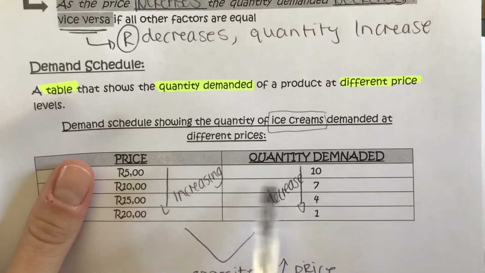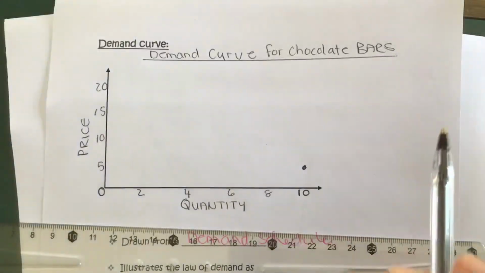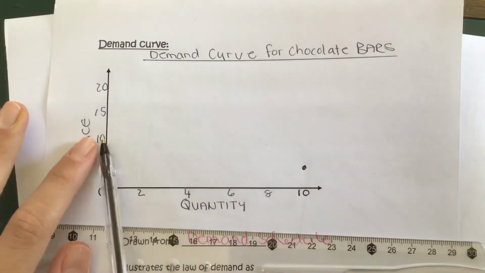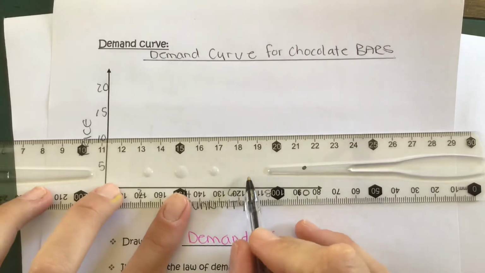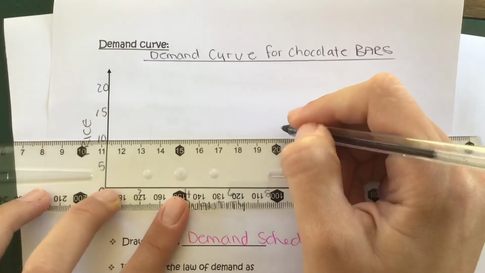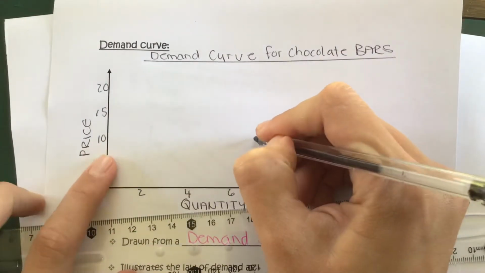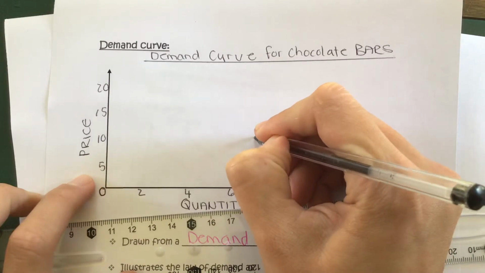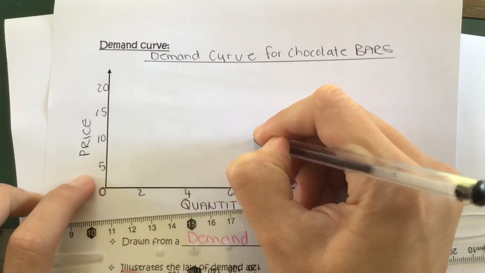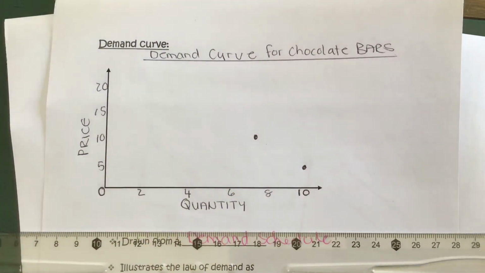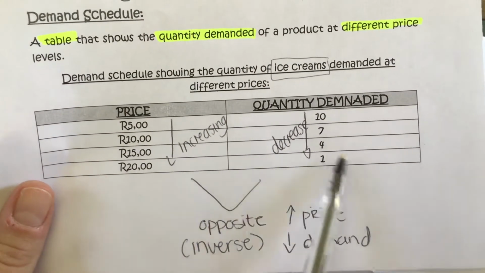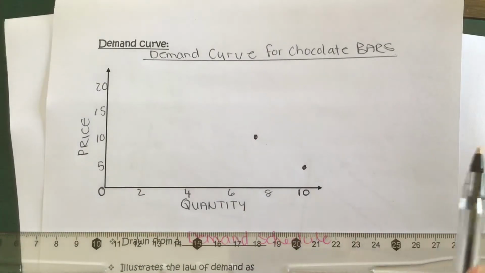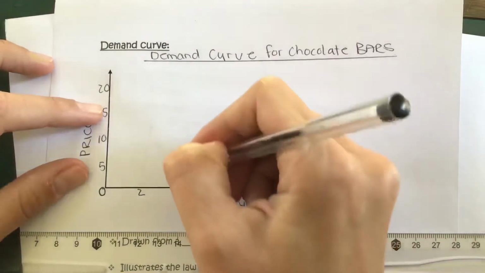Then the next one is 10 Rand and 7 demanded. So I go to 10 Rand there and 7, which is between 6 and 8. Okay, so over there. And we label that. The next one is 15 Rand and 4 are demanded. So there's 15, there's 4.